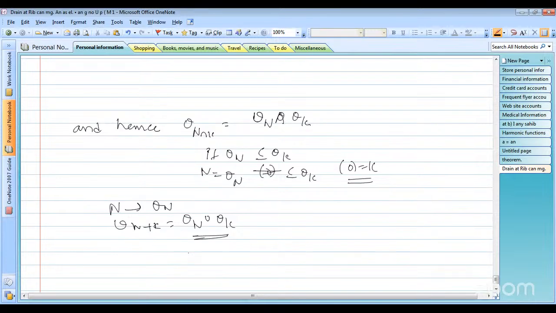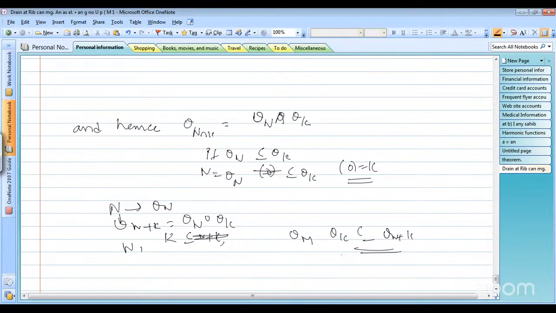Theta n subset of theta k. So theta n intersection theta k. Since we are taking again k subset of n plus k, we can take theta k subset of theta n plus k. So we can take theta k subset of theta n plus k.